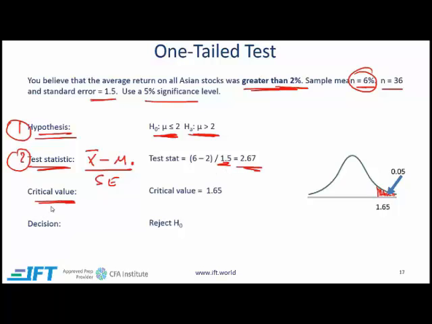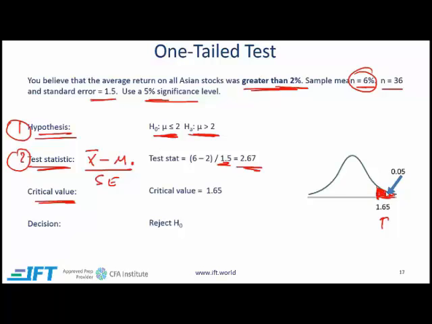What about the critical value? Now this is important. You are still working with a 5% significance, but now this is only one tail. So all 5% now is in that one tail. Since all 5% is in one tail, the critical value then is 1.65.